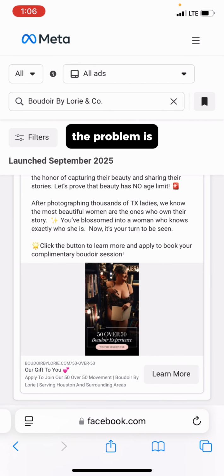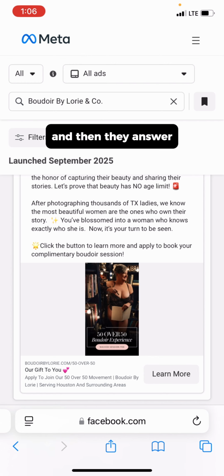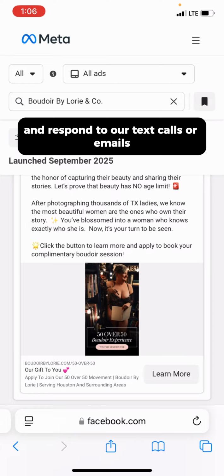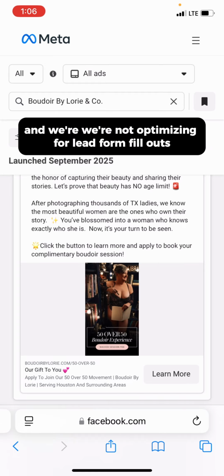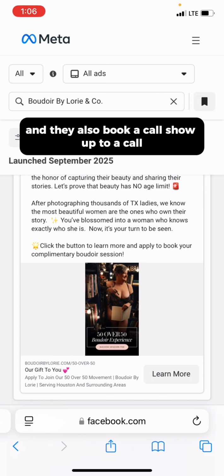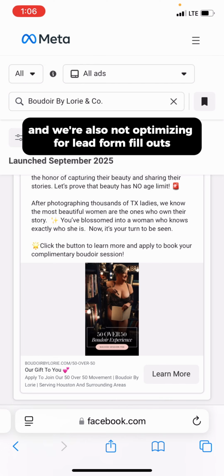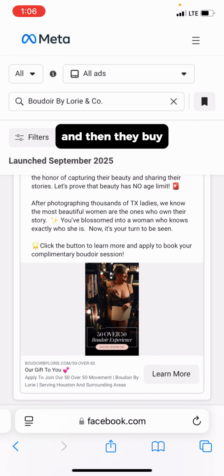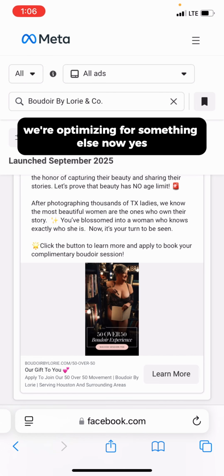We're not optimizing for lead form fillouts and then they answer and respond to our text, calls, or emails. We're not optimizing for lead form fillouts and they also book a call and show up to a call. And we're not optimizing for lead form fillouts and then they buy. So we're not optimizing for buyers, which is what we want. We're optimizing for something else.